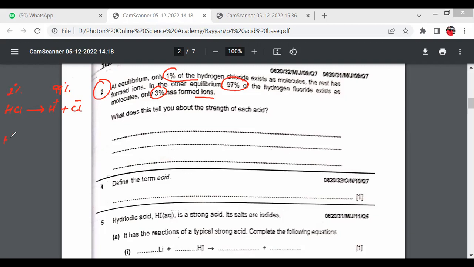The other is HF. 97% HF remains in undissociated form, while only 3% HF dissociates into hydrogen ions and fluoride ions. What does this tell me about the strength of an acid?